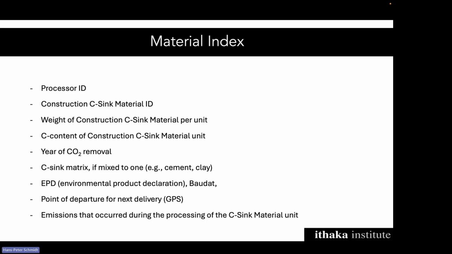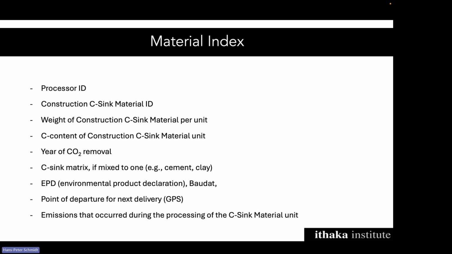So you have a material unit, let's say 1 brick, and for 1 brick we need to know how much carbon is in it. Then we can multiply it, because we use 5,000 of these bricks, right?